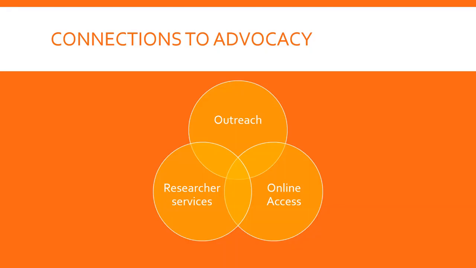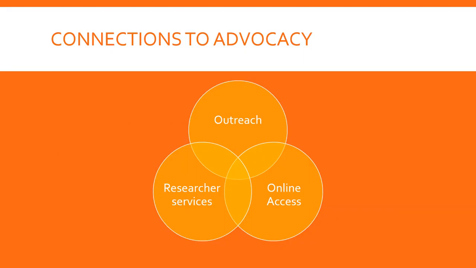All three of these processes require knowledge of the people that they are being aimed at. So when you're doing outreach, it's helpful to know who you are trying to reach, and you can use that as a basis for structuring your outreach in a particular way.